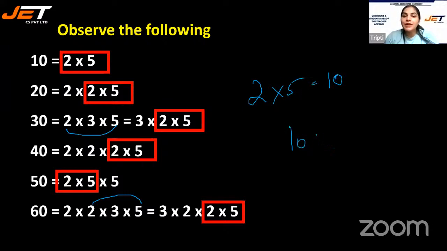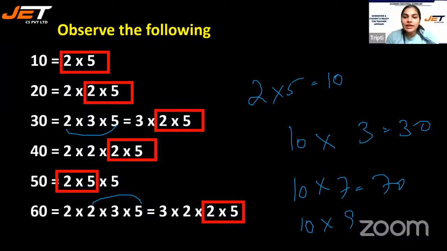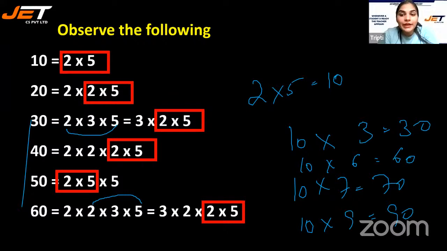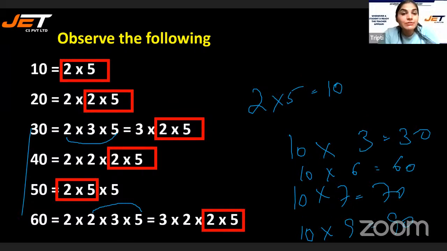Now 10 multiplied by any number, 3 will give you 30. 10 times 7 will give you 70. 10 times 9 will give you 90. 10 times 6 will give you 60. So basically, if you have to make any number, first you have to make 10, which is possible by doing 2 times 5. Because 2 times 5 is 10.